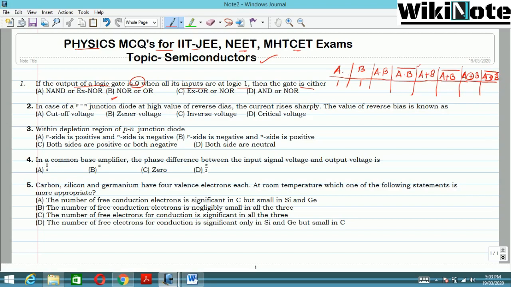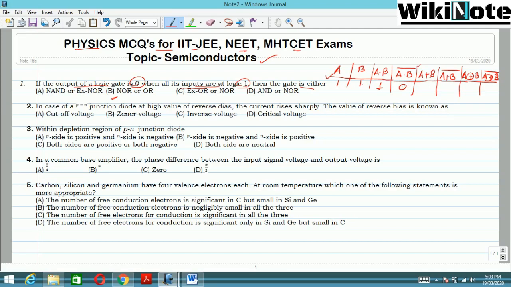I am just checking the condition where all the inputs are at logic 1, so we will not waste time checking the rest. For the AND gate, 1 into 1, the output will always be 1, so taking the complement, the NAND output will be 0.